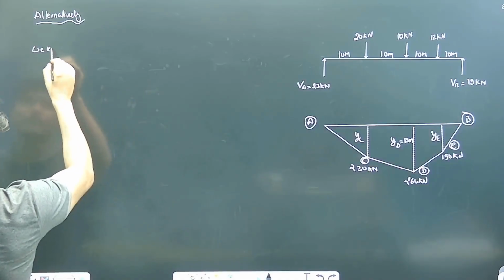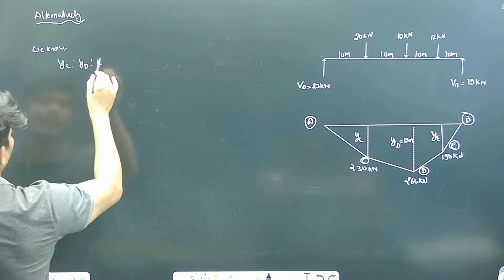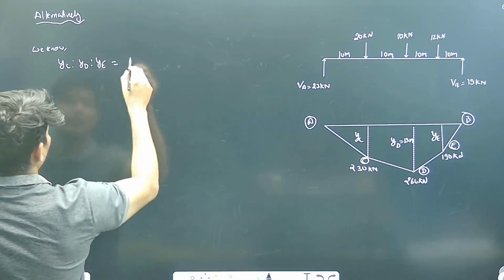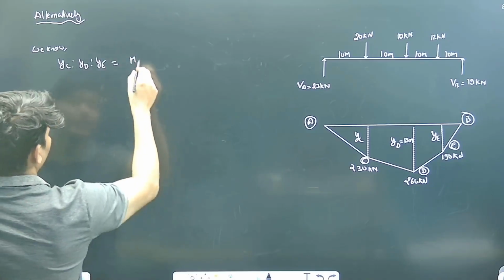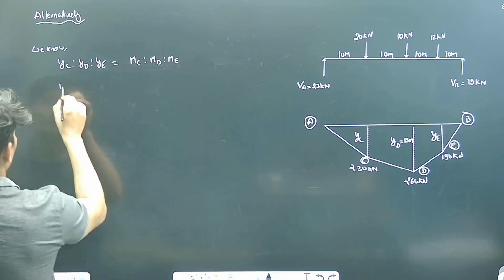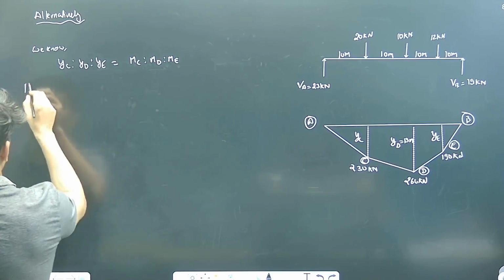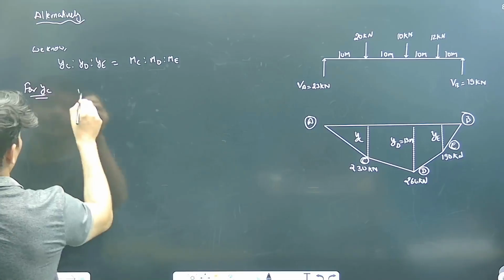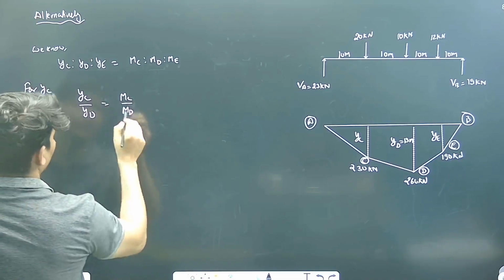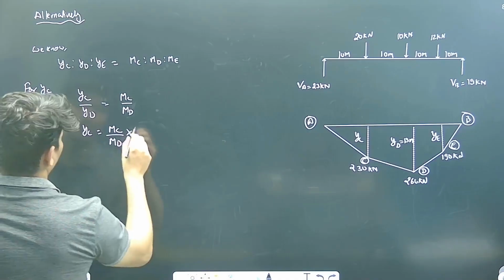So we know the ratio of YC, YD, and YE must be equal to the ratio of moment at C, moment at D, and moment at E. So YC to YD ratio must be equal to MC to MD ratio, and YC is equal to MC by MD into YD.